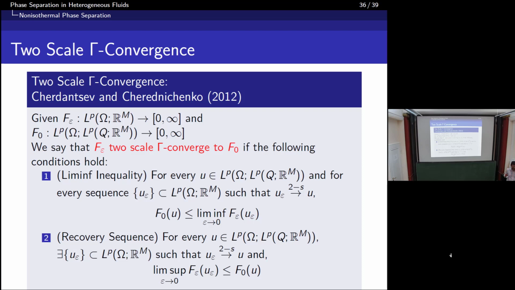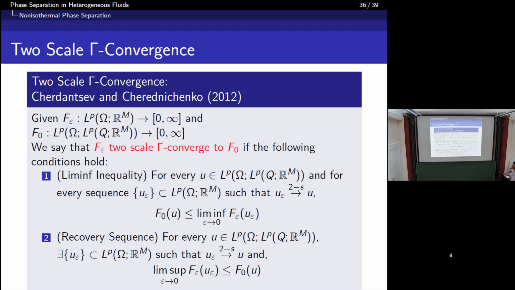So you have the liminf inequality: for every sequence which strongly converges two-scale to u, you have the liminf inequality. The critical thing here is that now your limiting energy lives in the double space. So it's not a function of x, it's a function u of x and y, or u_0 of x and y.